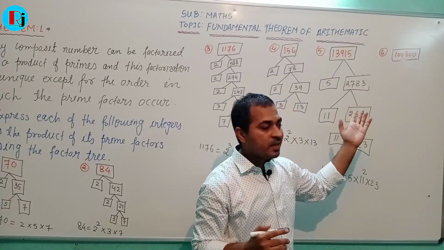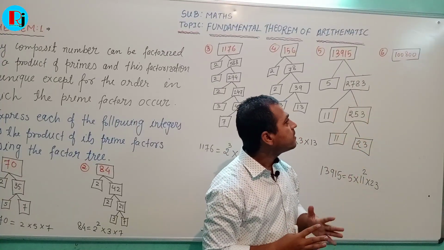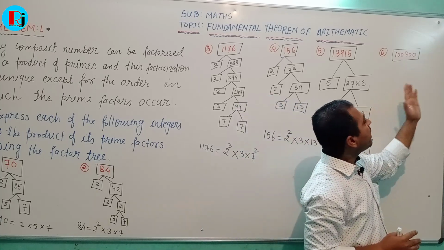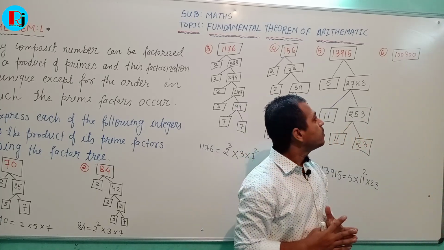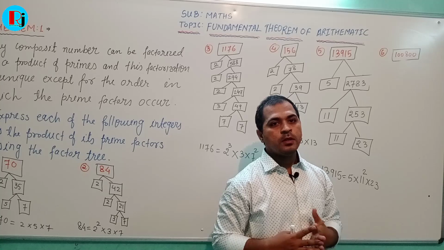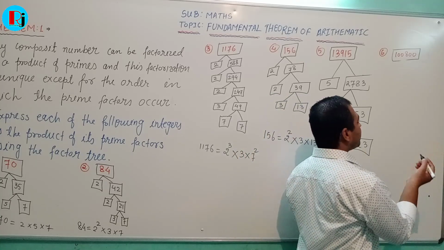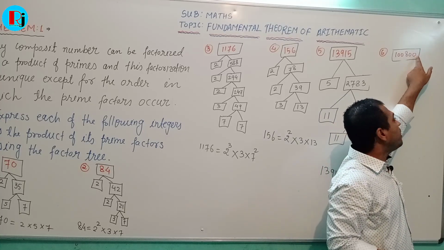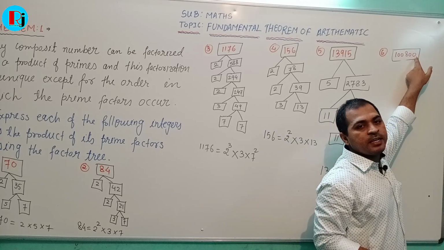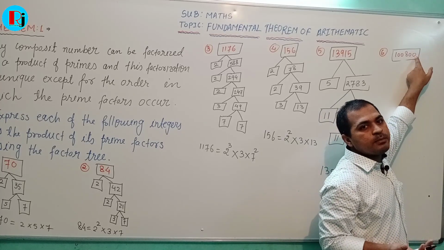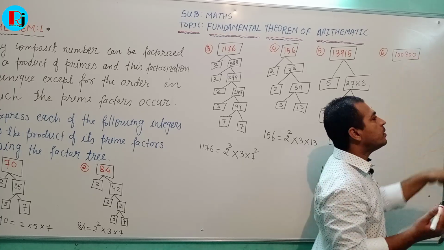By the same method we will factorize 1,08,000, means 108,000. By this same process, first of all you can see, students, that at the unit place 0 is there, it means this number is divisible by 2.